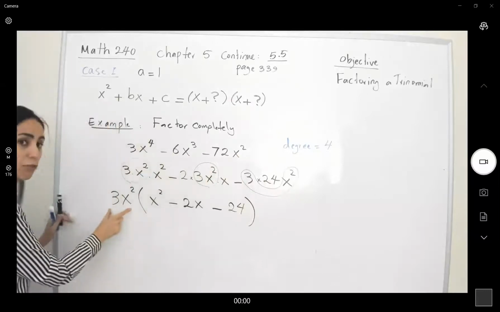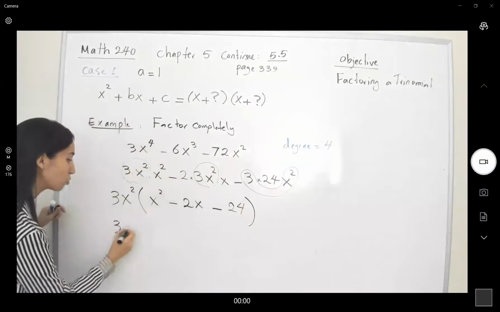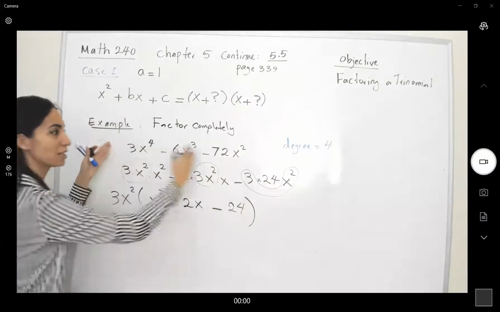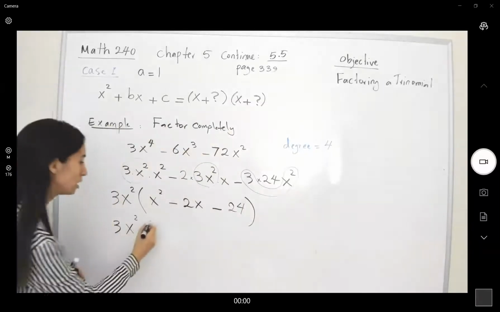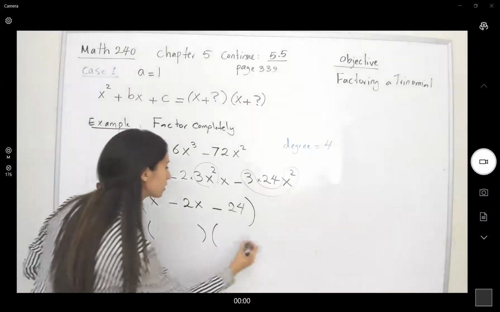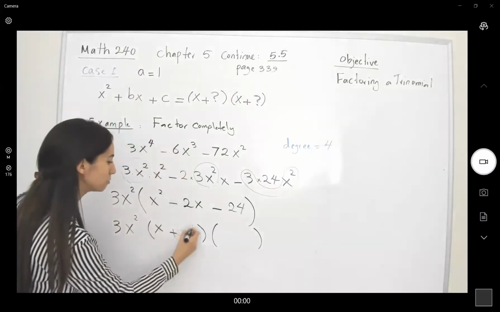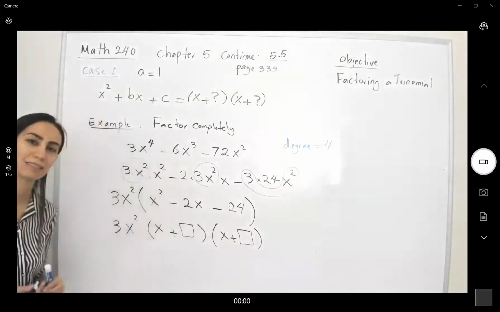So don't forget about this little term here. This is 3x squared, so you have to copy this down. It is part of this huge expression here. So copy 3x squared down. Here you have the product of 2 linear expressions: x plus missing box, x plus the missing box.